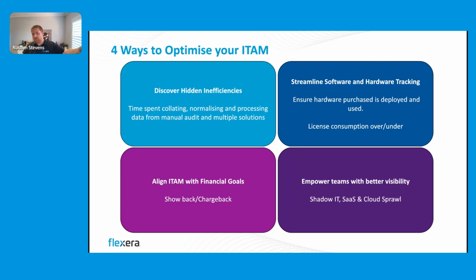What's in my shadow IT bucket? What are the unmanaged applications? What are the SaaS applications that are not approved for use? Where's my cloud sprawl, in terms of what's being used and what's not being used, spun up for engineering personal test purposes?